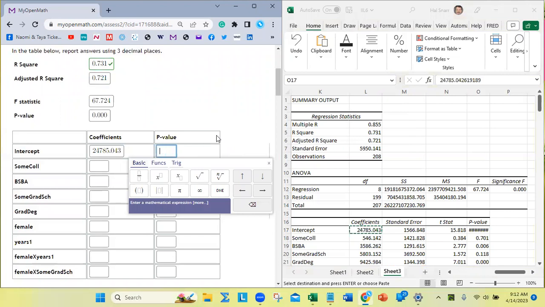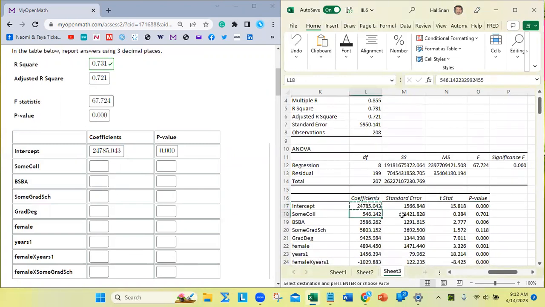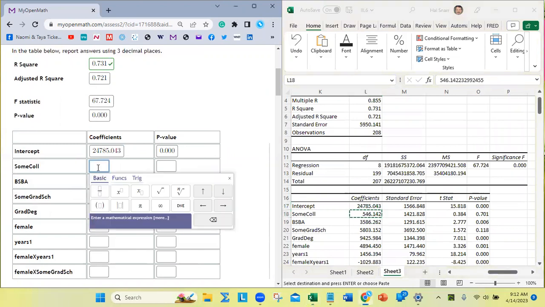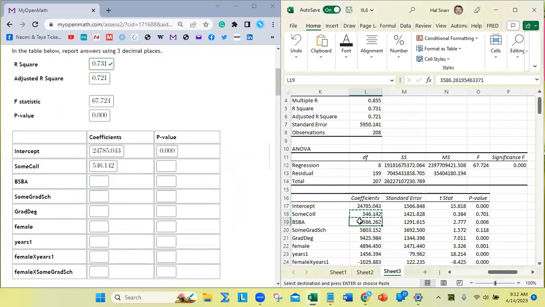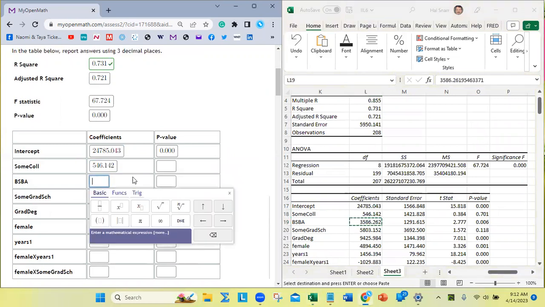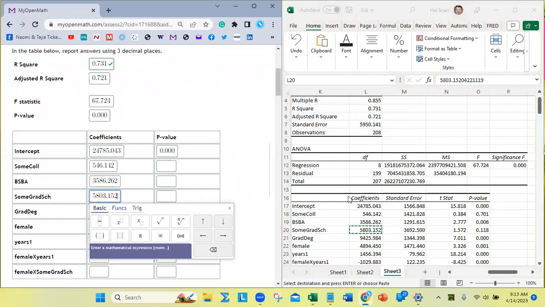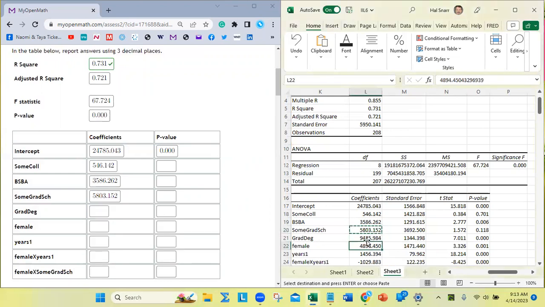My hotkey game is off. What I'll do is I'll just get my coefficients first. If you organize the columns like I did when I copied the data in individually from sheet one, then it's easy to copy and paste.